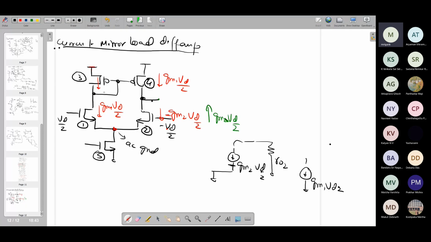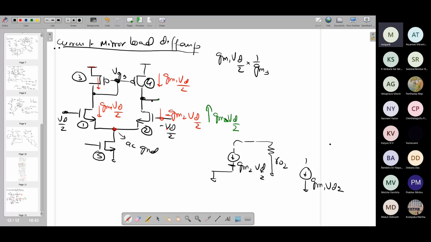So you have the small signal current here is GM1 Vd by 2, and if you look at the gate voltage, what will be the gate voltage? So from input to the gate voltage, say VG3, what is the gain? Gain will be simply GM1. The voltage signal at that point will be GM1 Vd by 2 into 1 upon GM3. Is that clear?